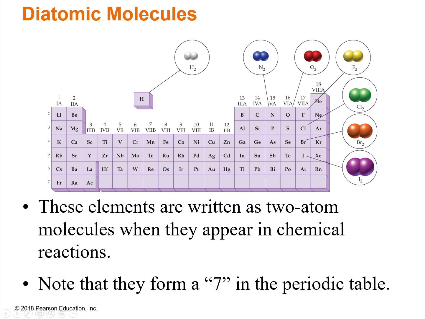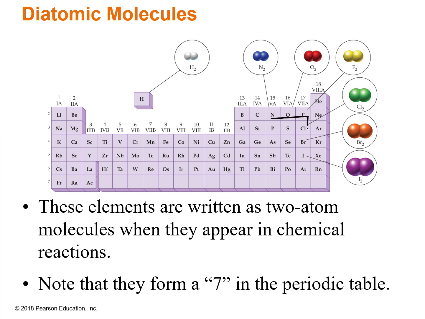One more thing. I always forget about this. You will see that some elements are written as two atom molecules. And you'll need to know what they are when you're writing out your chemical equations. Hydrogen, nitrogen, oxygen, fluorine, chlorine, bromine, iodine. Hydrogen is already kind of strange, so it's just going to do its own thing.